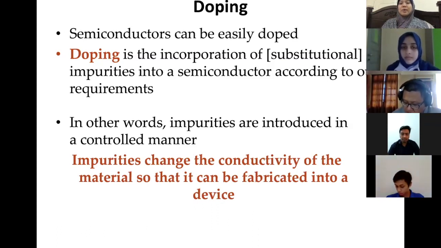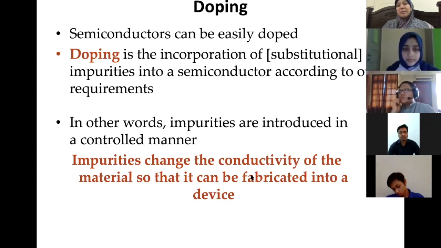So what we want to do is control the conductivity or the resistivity of the material. Once we can control, we can make many things out of it. Okay, so that's the reason for doping. You want to change the conductivity of the material so that you can make it into a device.